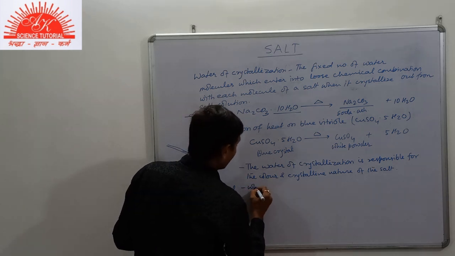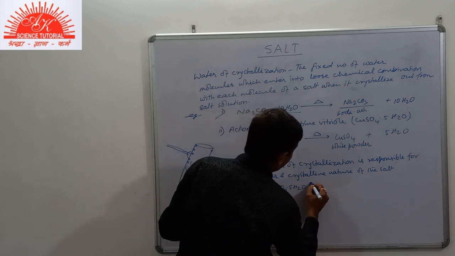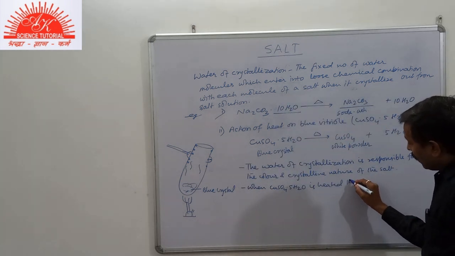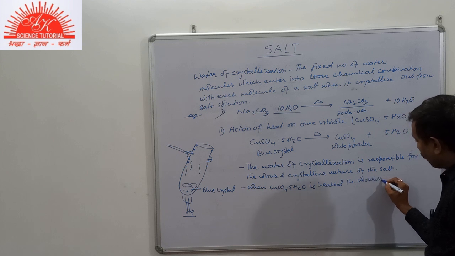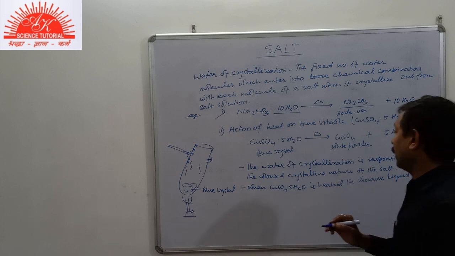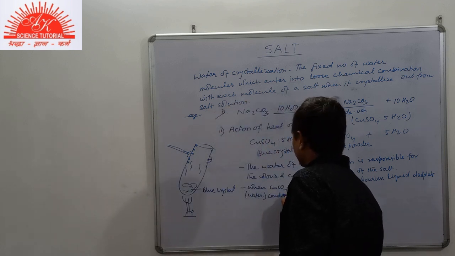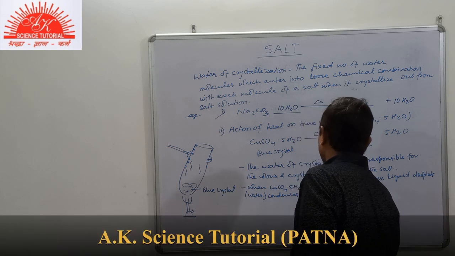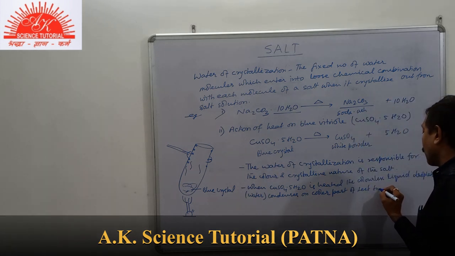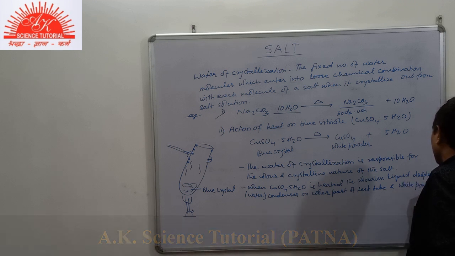When CuSO4.5H2O is heated, the colorless liquid droplets, that is water, condense on the cooler part of the test tube, and white powder is left behind.